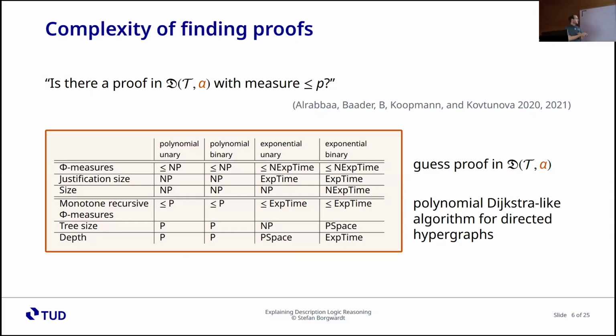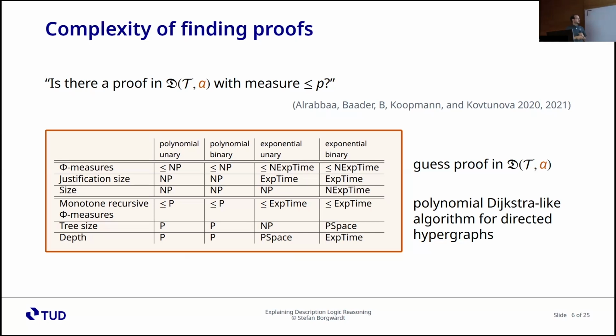We also identified a nicer class of measures that are more well-behaved, because they're more deterministic. We called these monotone recursive phi measures, where the idea is that you can compute the measure locally by just looking at one inference and the measures of the subproofs, and you can go through the proof recursively without having to consider the whole structure of the proof at once.